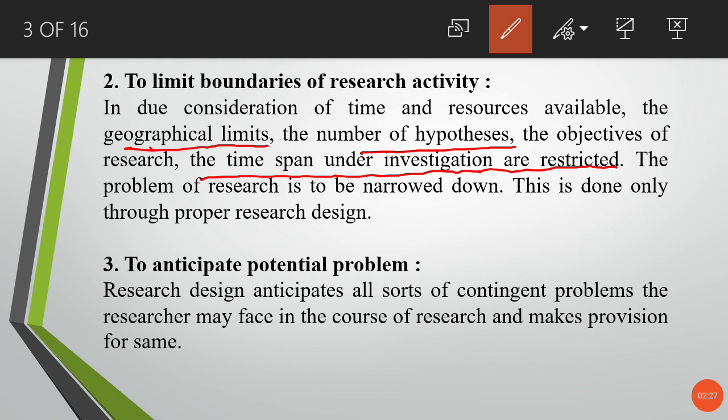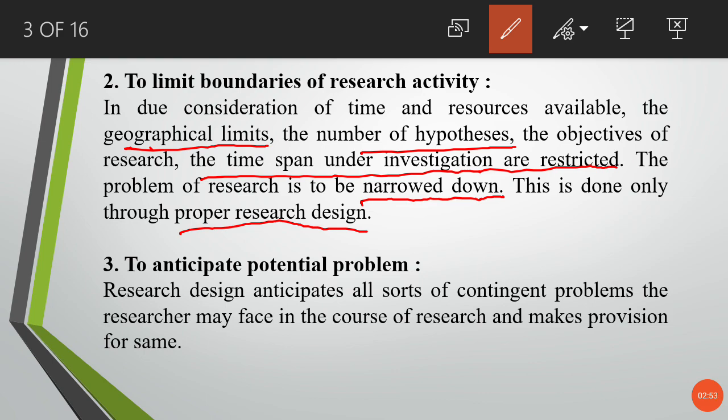The problem of research is to be narrowed down. This is done only through proper research design.